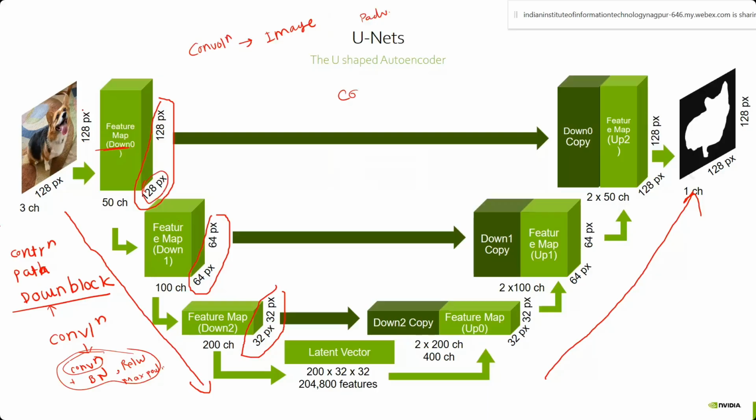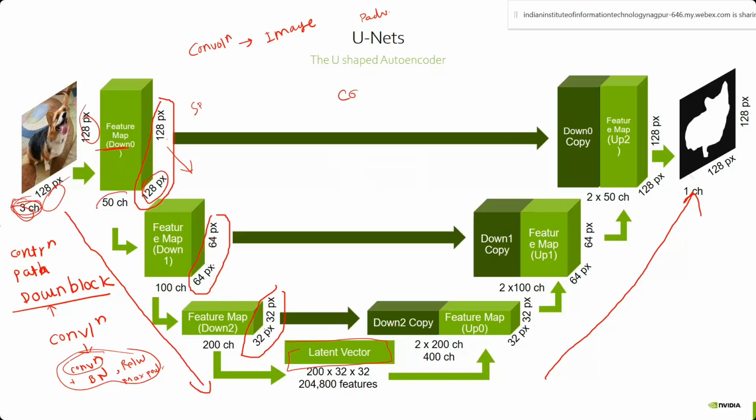Here the image is of 128 by 128 size, and the number of channels is 3 as it is a colored image. You reduce the dimensions to 64 by 64. Then with the next convolution operation, you reduce the dimensions to 32 by 32, and then you convert it into the latent vector to capture the global properties or global features. So I am reducing the spatial dimensions, but initially I had 3 channels.